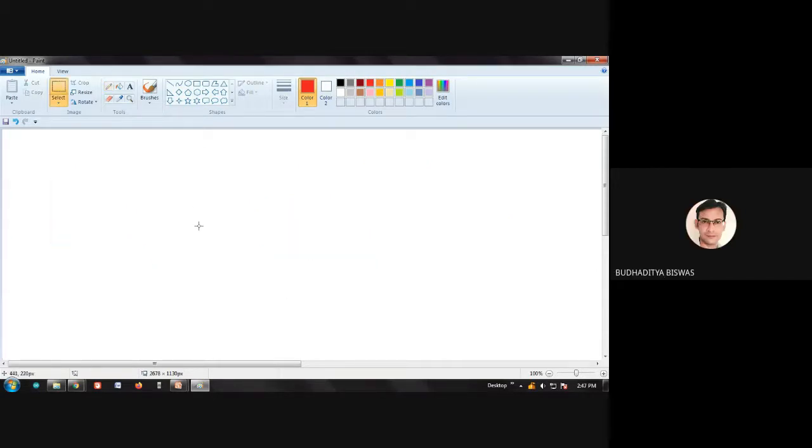Now, if this one is P, how to represent minus P? 180 degrees on the opposite side. Very good. So that means 90 degrees anti-clockwise for the first j, and for the second j another 90 degrees anti-clockwise. So ultimately we get minus P. Do you understand?